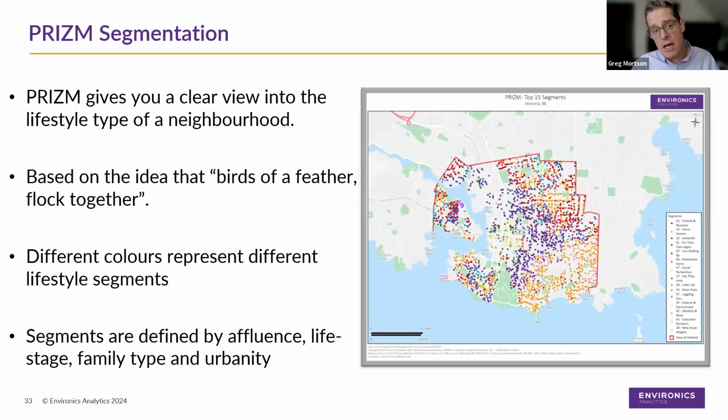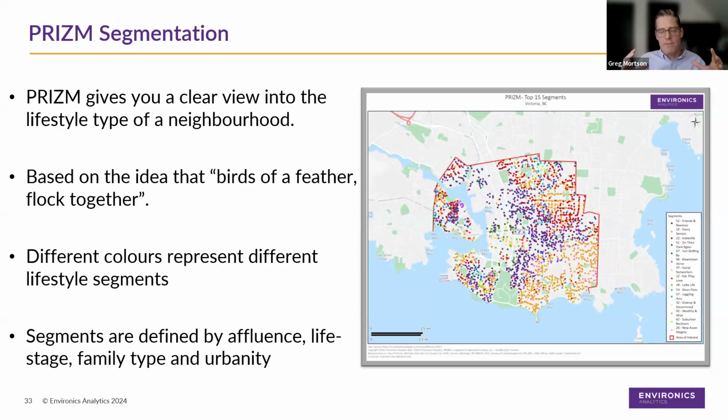And the last section of your report starts to leverage our segmentation system at Environics Analytics. It's called PRIZM. And this is really our flagship product that categorizes all households within Canada, or all the postal codes within Canada, into one of 67 different what we call segments.